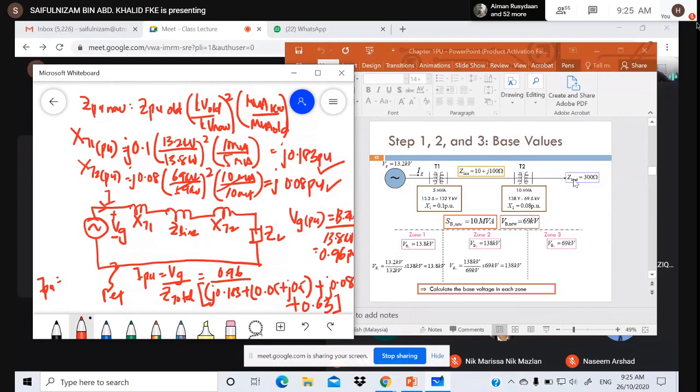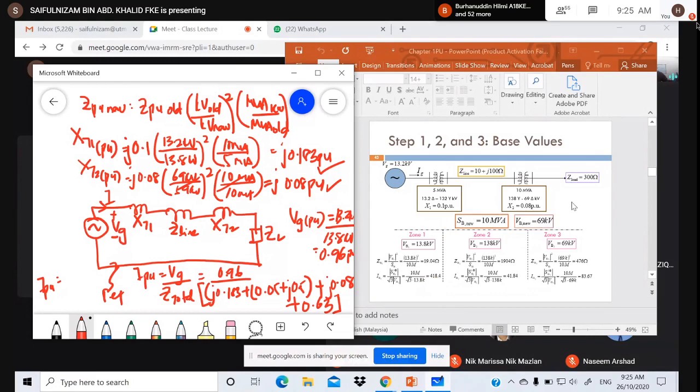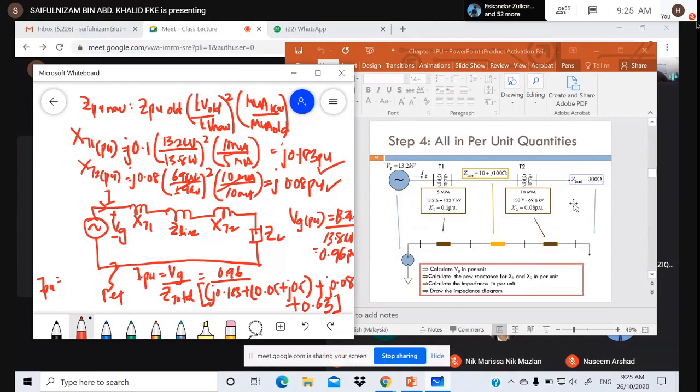So what is the per unit value? Class, what is the per unit value for the current?